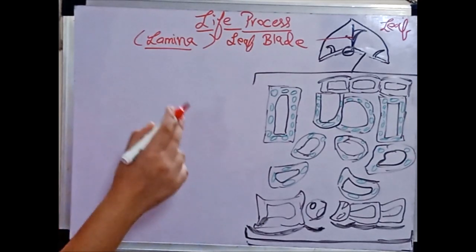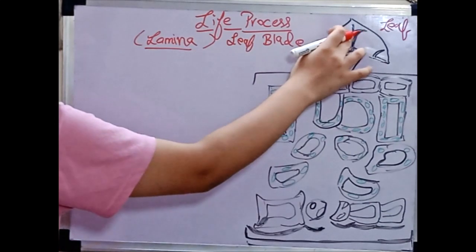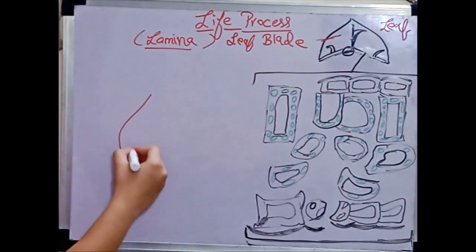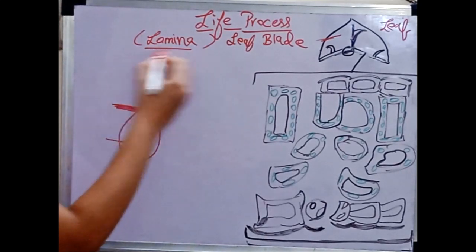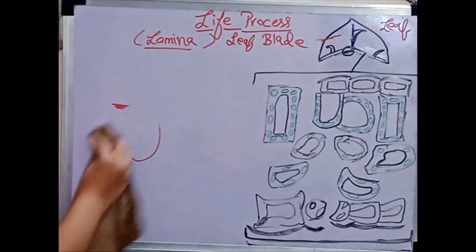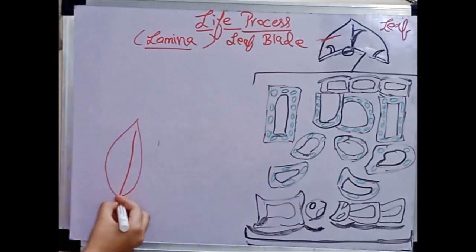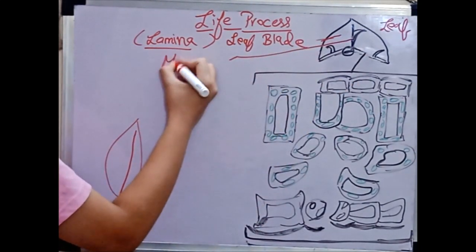After leaf blade or lamina, it's basically not this, actually this is this. This part is your lamina. Fine. Then the thing in the middle of this leaf, that is your midrib.